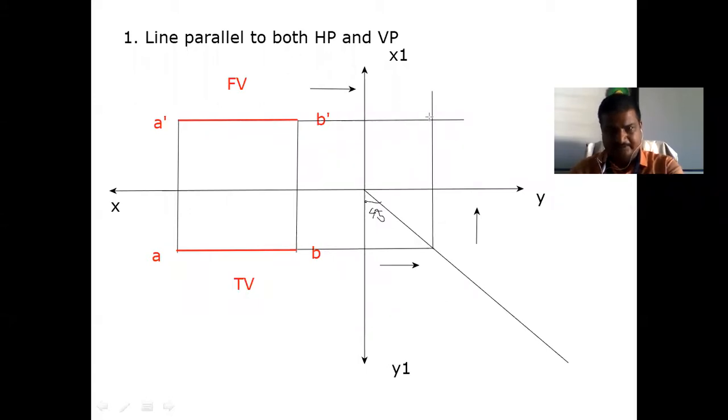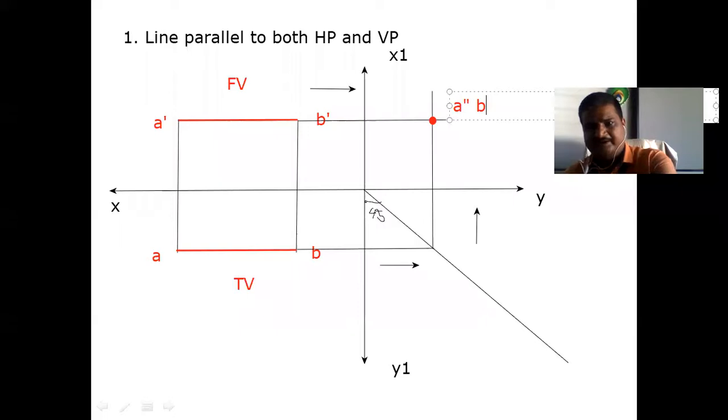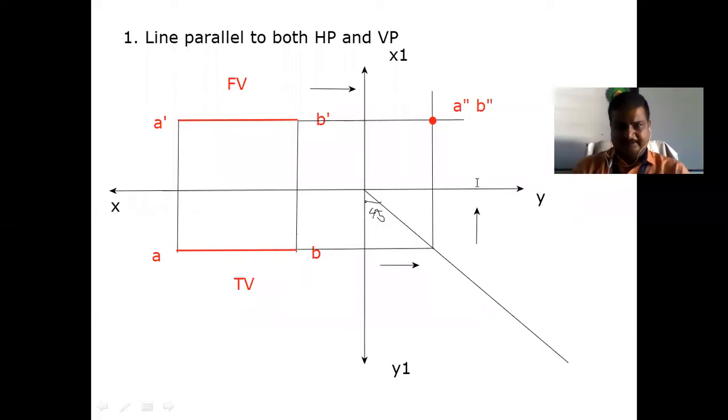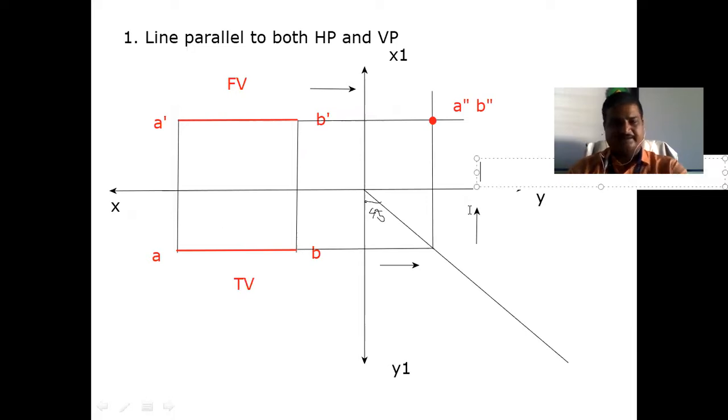Here you can observe a point. Okay, and this particular point is named A double dash and this point is also B double dash. This view which is coming to our right hand side is known as LHSV, that is nothing but left hand side view.